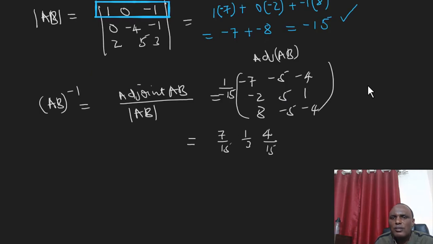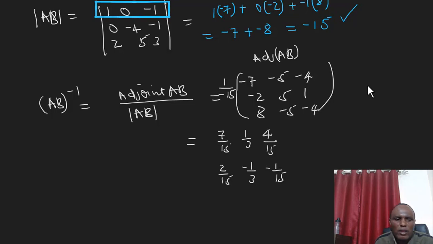Negative 1 over 15 times 2, you get positive 2 over 15. The next one is 1 over 15 times 5, that is negative 1 over 3. The other one is negative 1 over 15 times 1, it becomes negative 1 over 15.